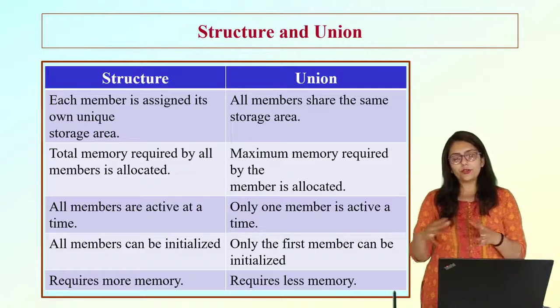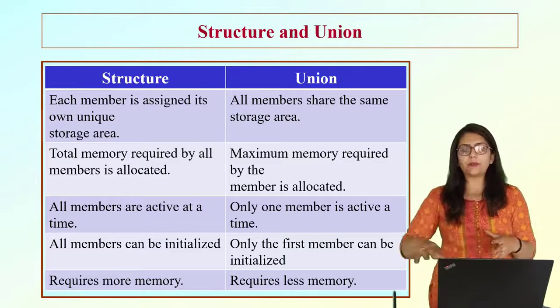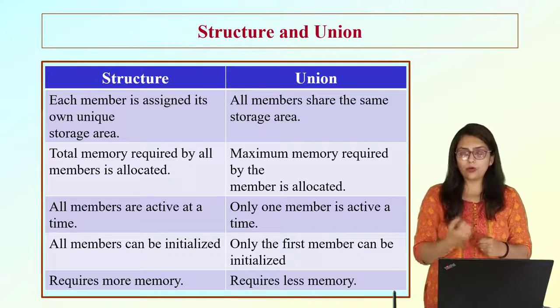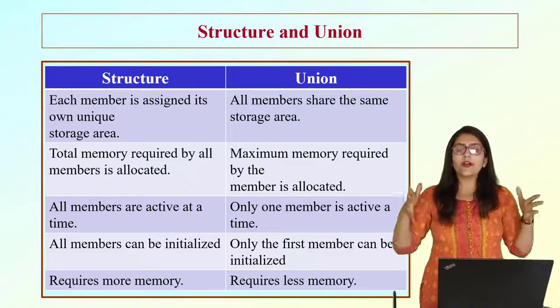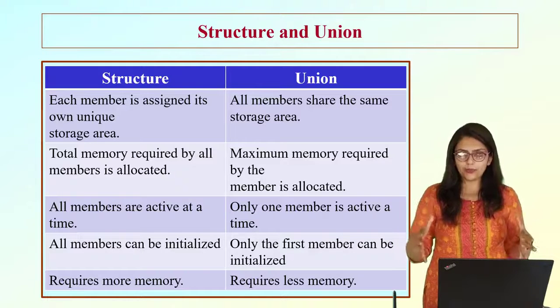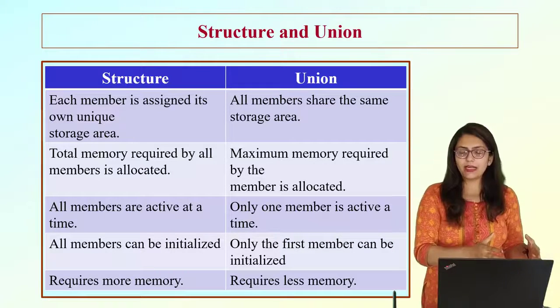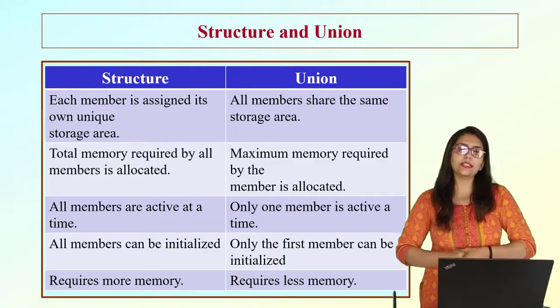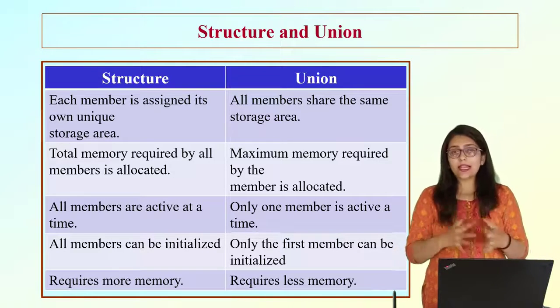But in case of union, if each of the members requires 4 bytes of memory, then it will assign 4 bytes of memory commonly. So in case of structure it was 16 bytes, and in case of union it is 4 bytes. So very little memory is required.